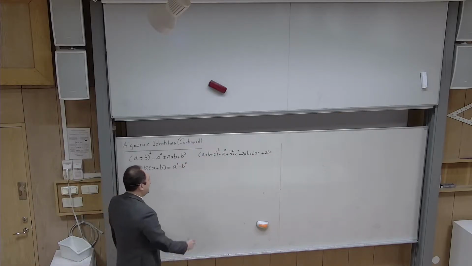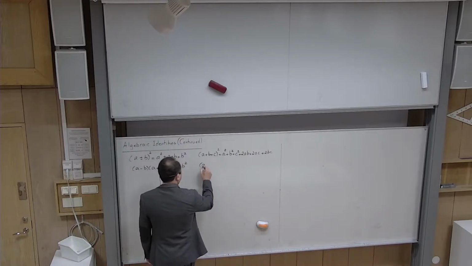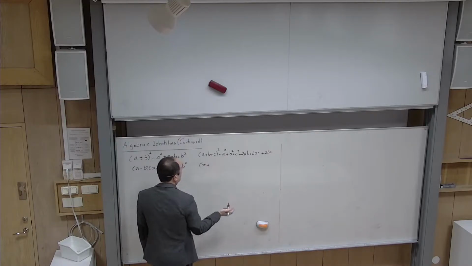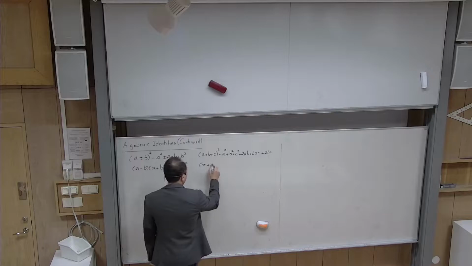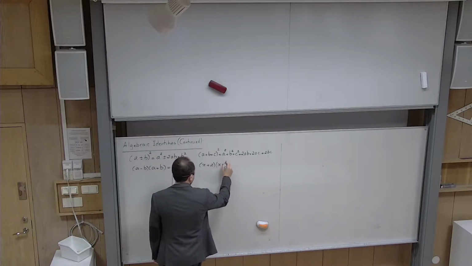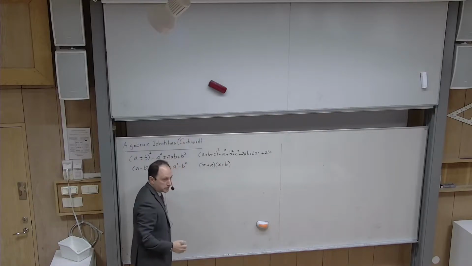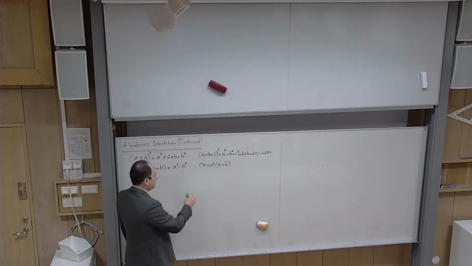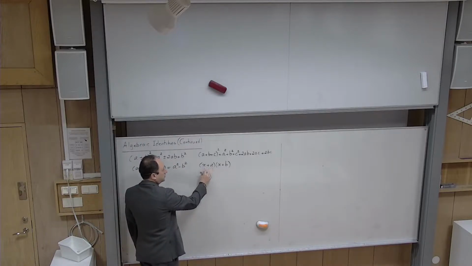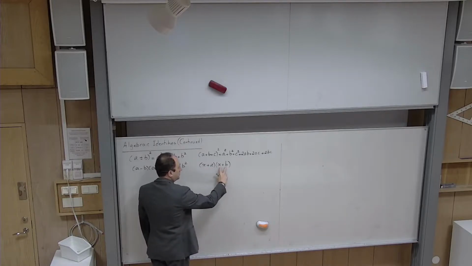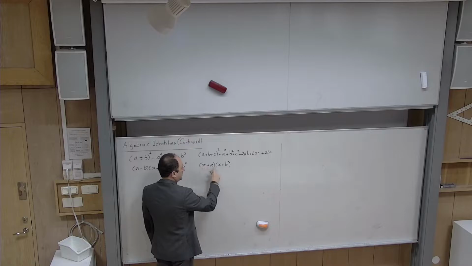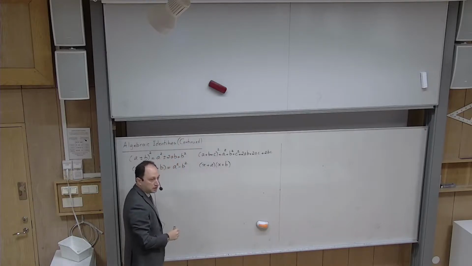I also added one more, and I call this the common term identity, or whatever you want to call it. Why is this called so? Because I want to multiply two binomials. Binomial means a polynomial containing exactly two terms. So that's a binomial, that's another binomial. I want to multiply them, but they have something in common, and that term is x.